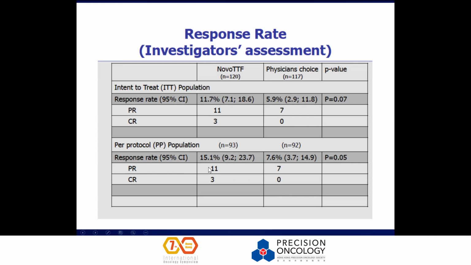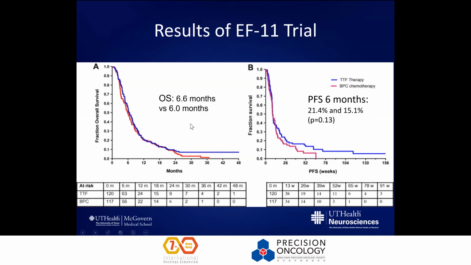The overall survival curve is better, but that's more for reference. The trial used the intent to treat population. This is the result. For overall survival, the two curves, the blue and the red, are pretty much overlapping. The blue represents monotherapy with TTF, and the red is the best physician choice.